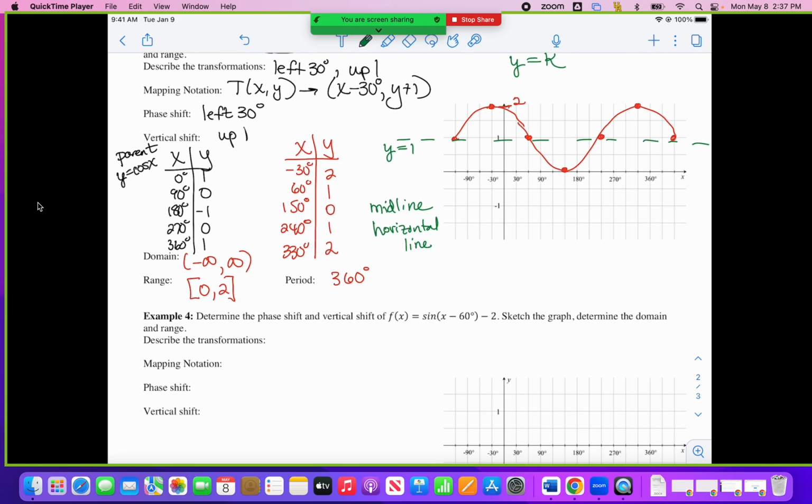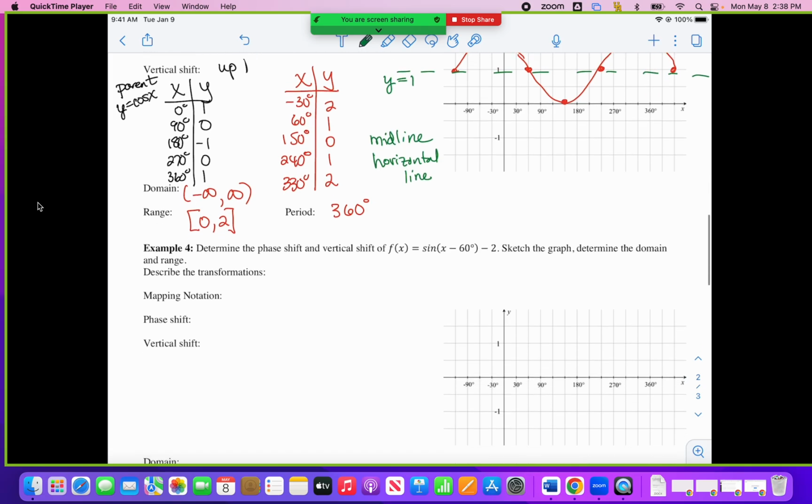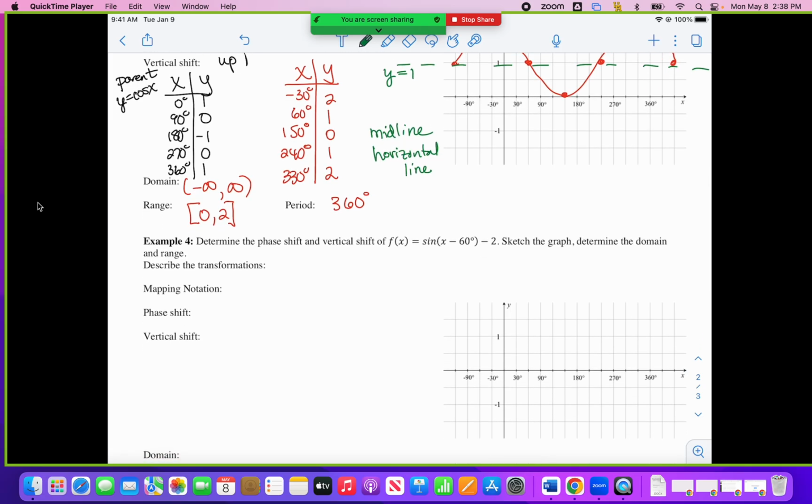All right, questions so far? Is it starting to connect? Like, is it starting to click? Good, good, good, good. All right, example 4. Go ahead and write down your transformations, your left, right, up, down. Try to come up with a mapping notation before I make my lap around the room to slow me down. And then I'm hoping you'll have a good 20 minutes to get started.